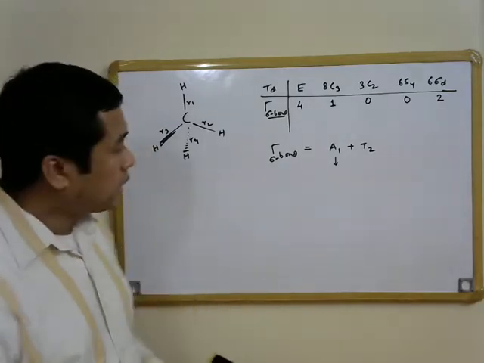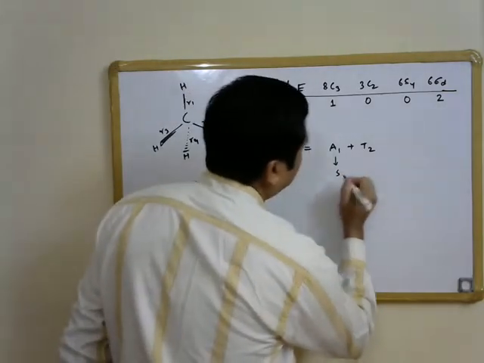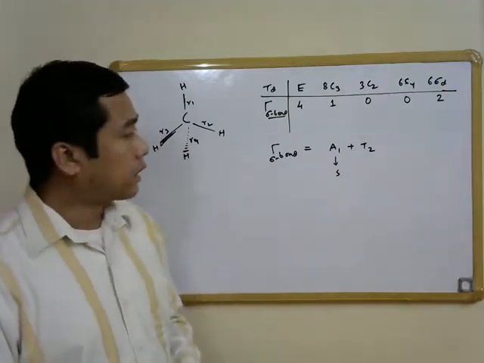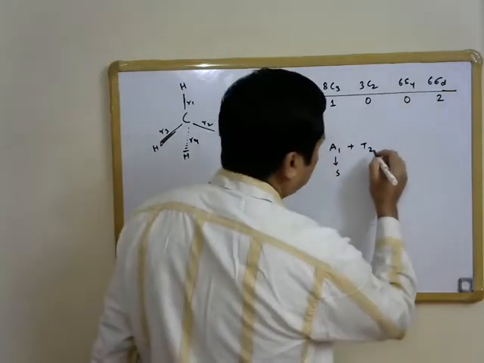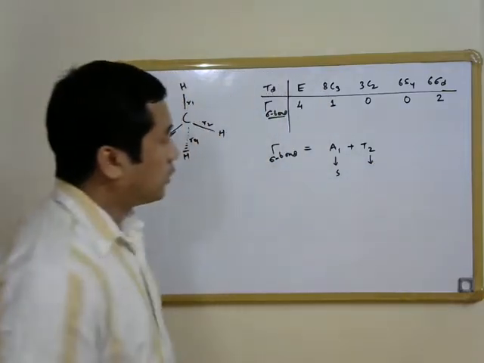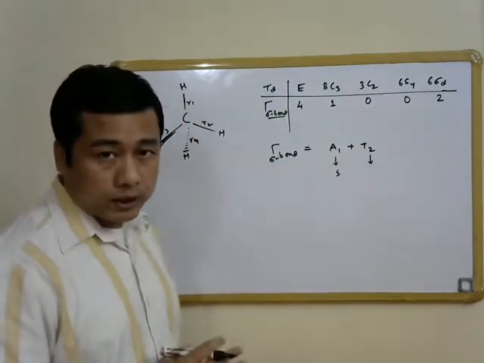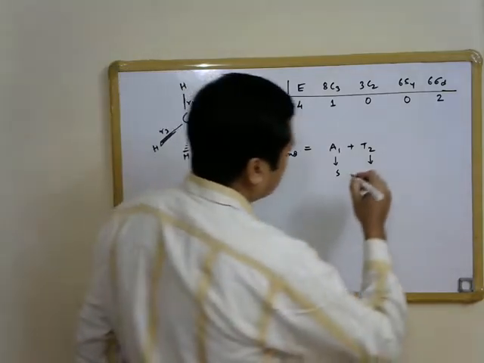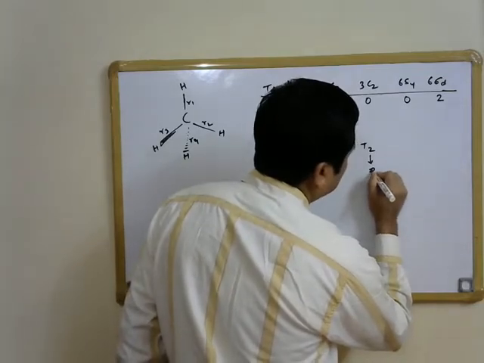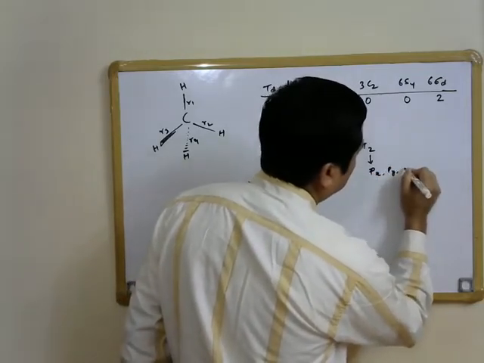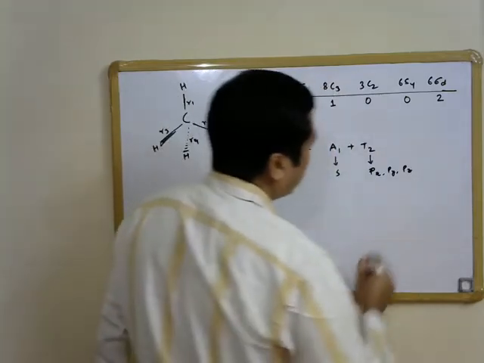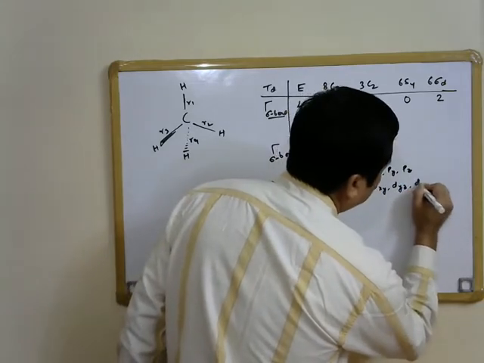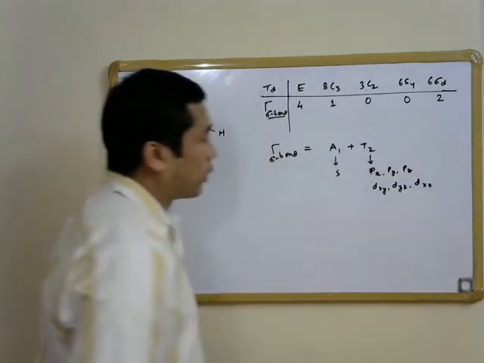If you look at the Td character table, you will find that the s orbital transforms as the A1 irreducible representation, and for the T2 irreducible representation, you will find there are two sets of atomic orbitals that transform as T2, that is px, py, and pz, as well as dxy, dyz, and dxz atomic orbitals.